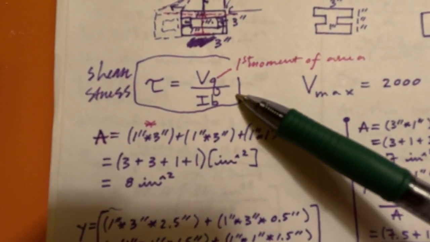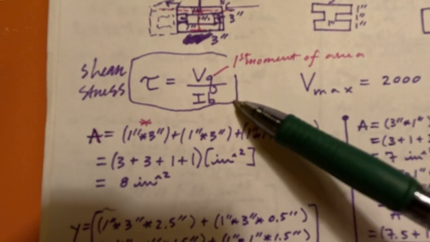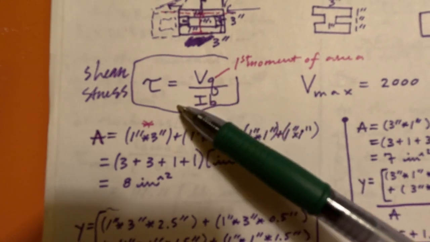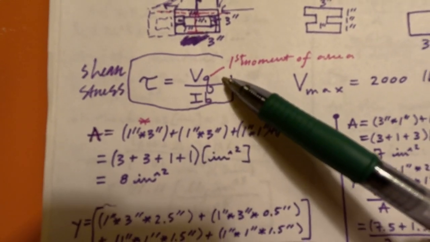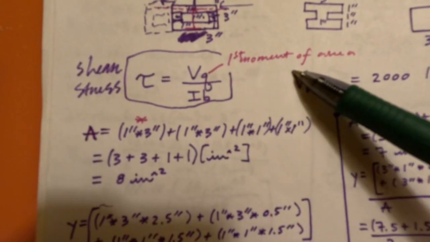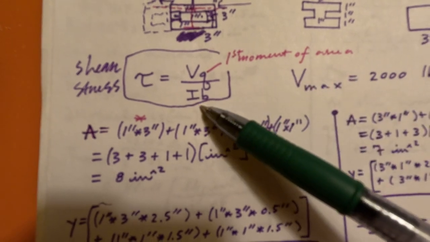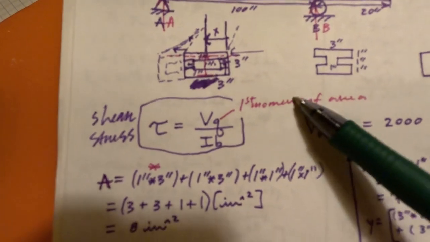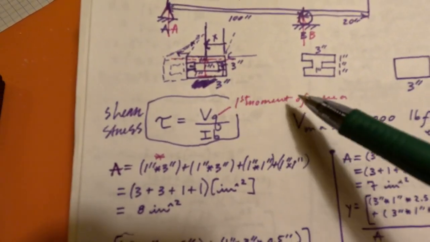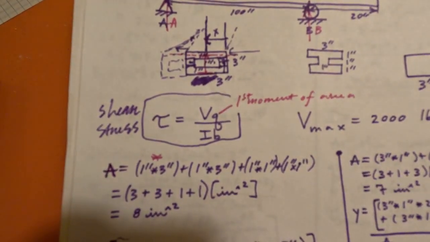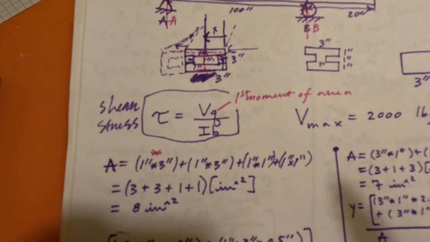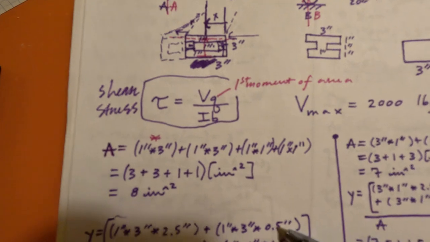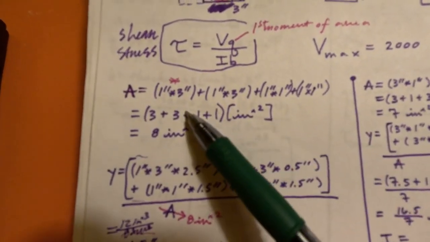All right, let's take a look at this equation we have for shear stress. It's tau, or the shear stress, equals V times Q, which is the first moment of area, over I times b. For this rectangular cross-sectional area that has a hole in it in the middle, we find the area.